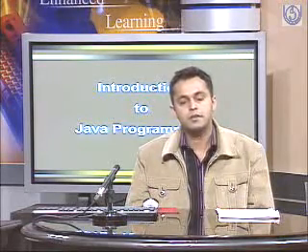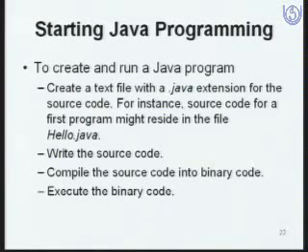Now let us start with our own Java program. What has to be done before you start your programming? First of all, you have to create and run a Java program. How do you create a Java program? You have to write a text file in Java source code, and save it with a .java extension on your host machine.